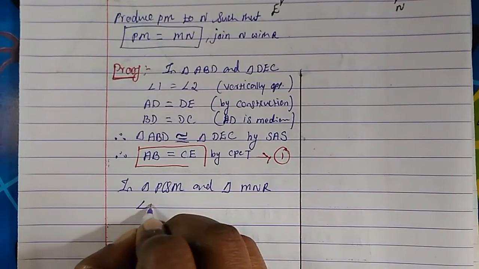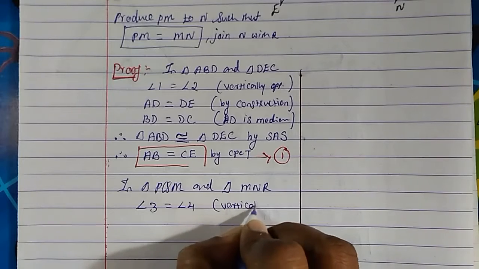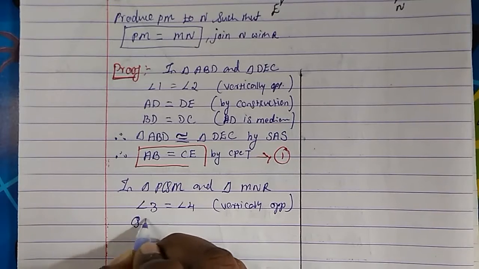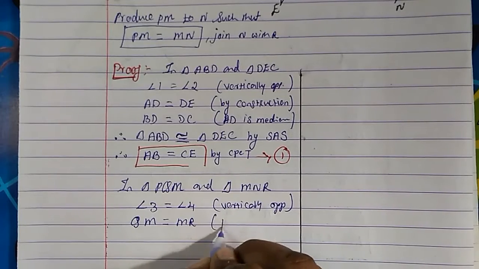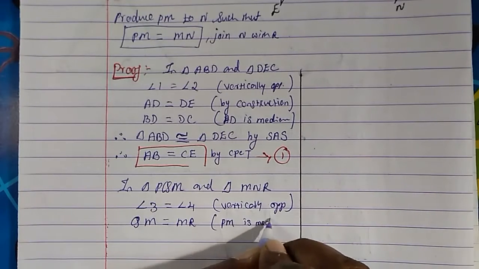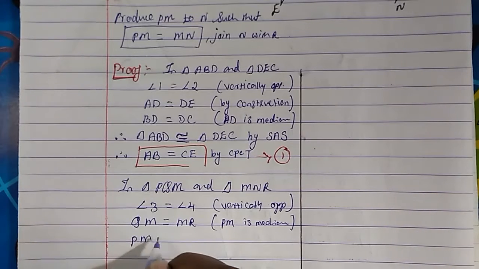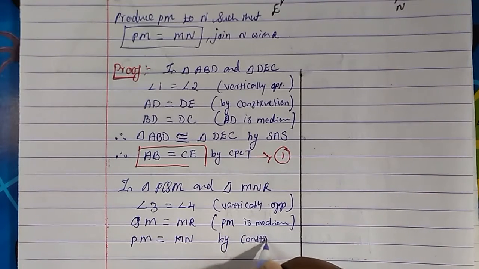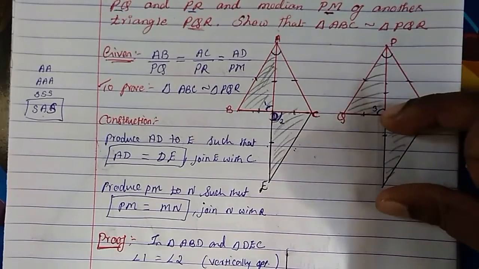Okay, so angle 3 is equal to angle 4, vertically opposite angles. Then side QM will be equal to MR, because PM is the median. And then side PM will be equal to MN by construction. What I explained to you, the same thing. PM is equal to MN by construction.